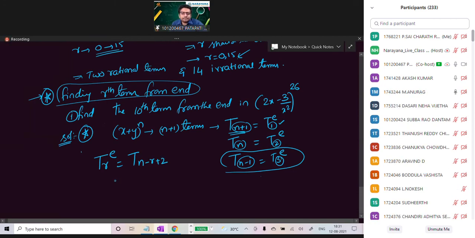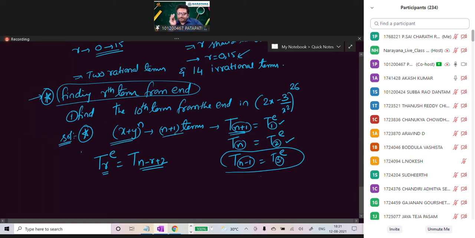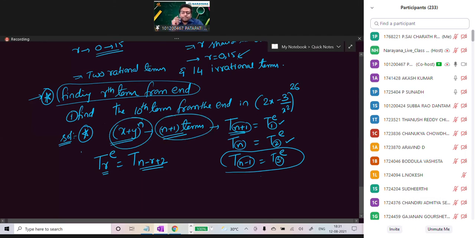What I'm doing is trying to understand the pattern. In (x plus y) whole power n, there are n plus 1 terms. The last term is the first term from the end. The nth term will be the term before it, the second term from the end. The (n minus 1)th term will be the third term from the end.